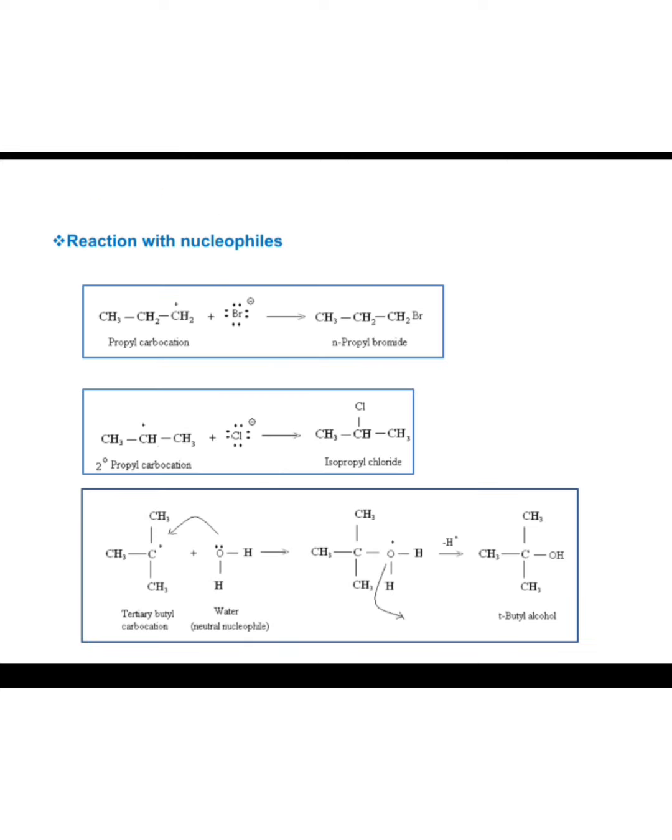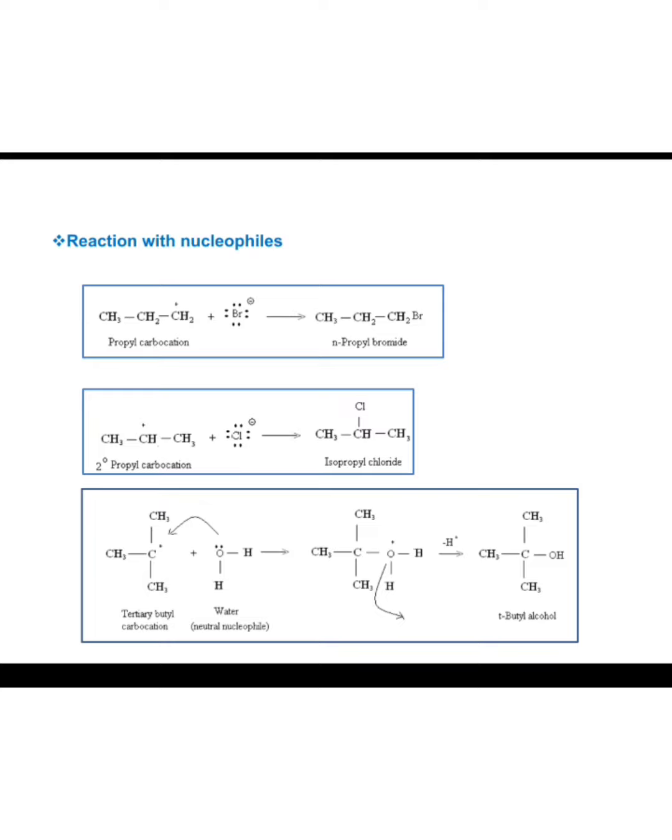And the second reaction of carbocation is reaction with the nucleophiles. It reacts with the nucleophiles to form alkyl halides. For example, first I have given propyl carbocation reacts with the bromide ion to form n-propyl bromide.